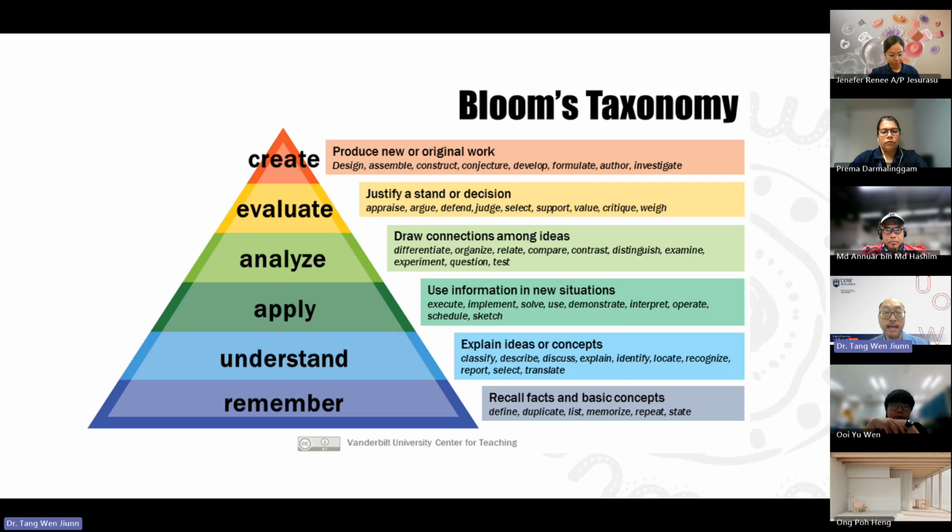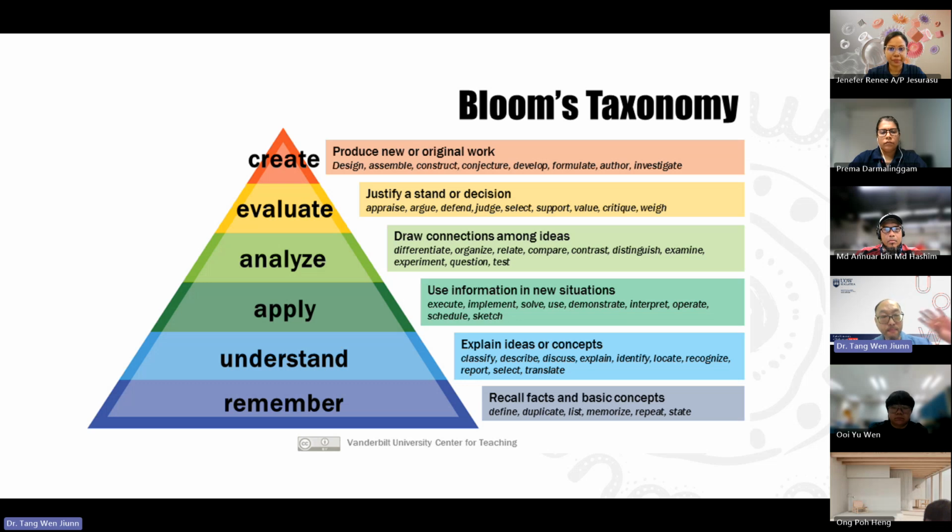If the students are in foundation or diploma level, we want to focus more on understanding and remembering. And if the nature of the course is more hands-on, like nursing or culinary arts, so if we need them to demonstrate or show something, then it will cover analyze and apply.